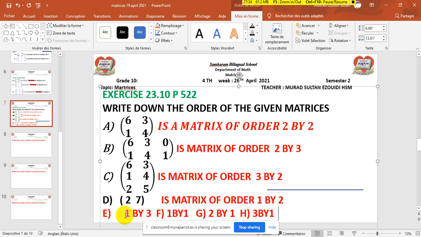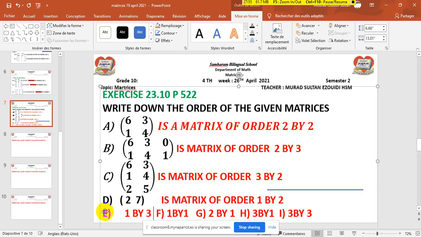And the last one, I, is the matrix of order 3 by 3. This is the correction for the sub-question E, then F, then G, then H.